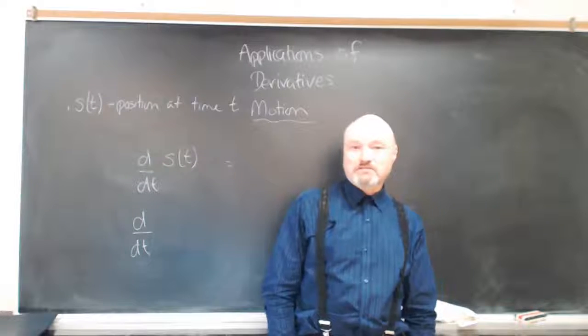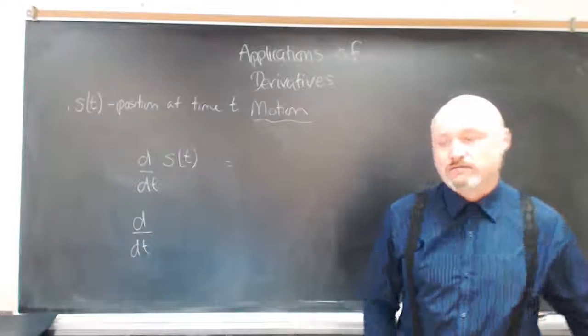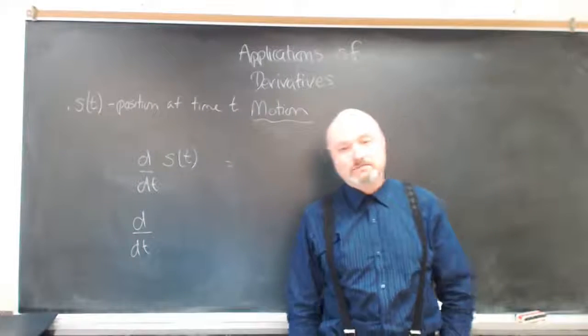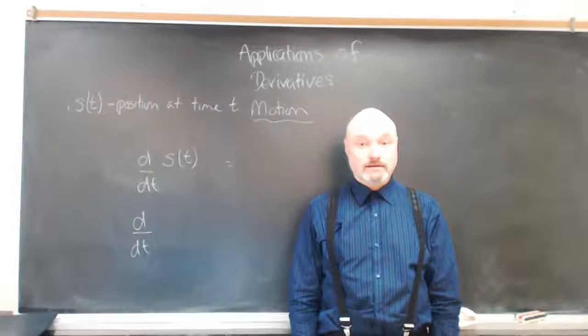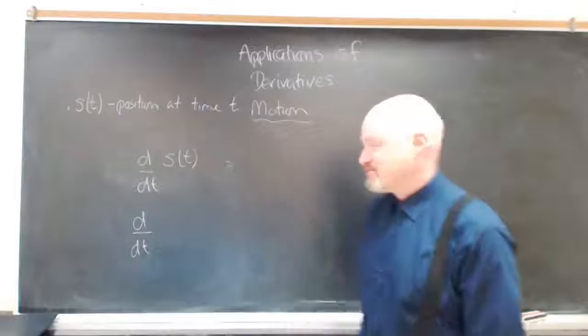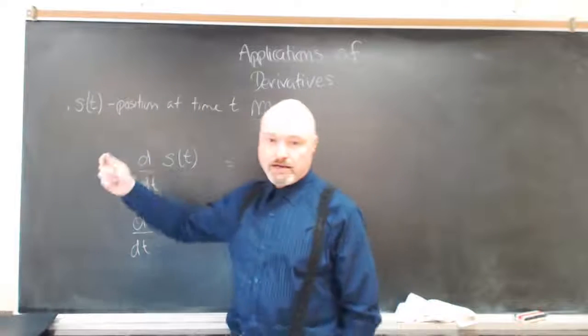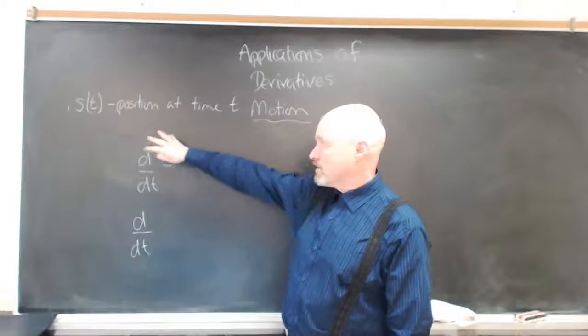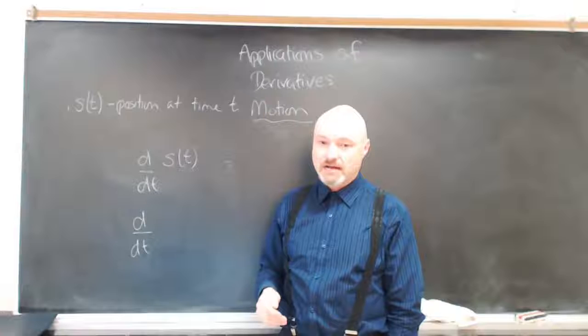For the applications of derivatives, I think we're just going to do the physics part. There's economics and social science, but they're a little bit forced, whereas physics is natural. So ordinarily in physics, we define distance-time relationships.